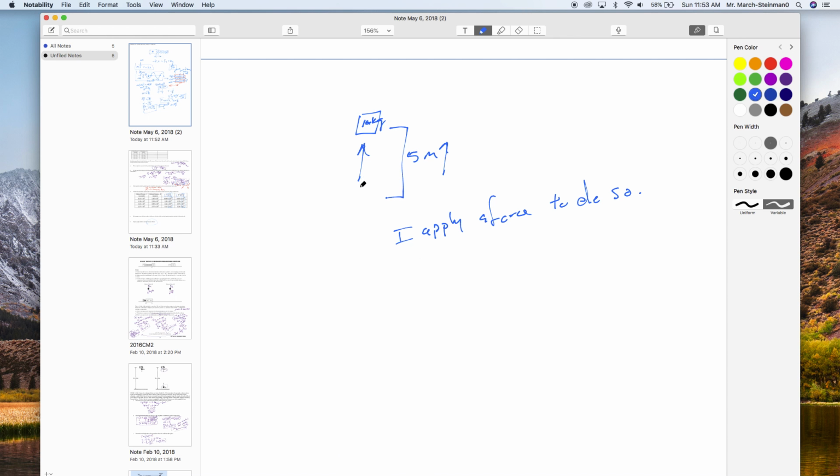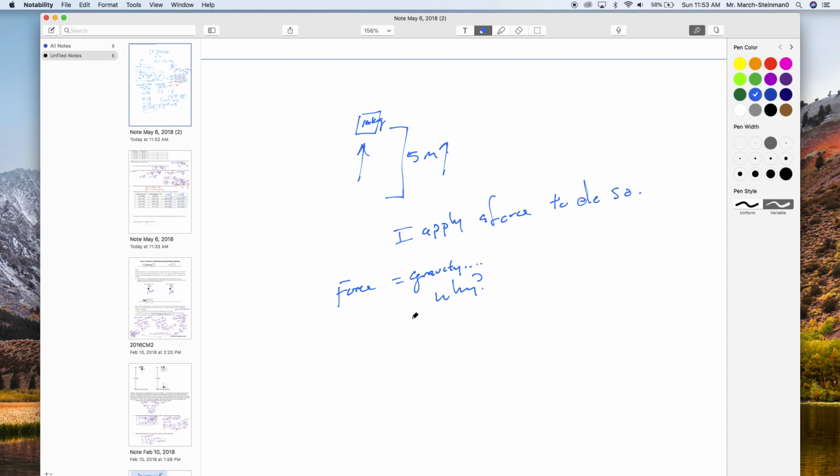If I'm not accelerating or anything, I know that the force I apply has to be at least equal to gravity. Why? Well, because otherwise this object would just be accelerating downward, and we don't see that here.